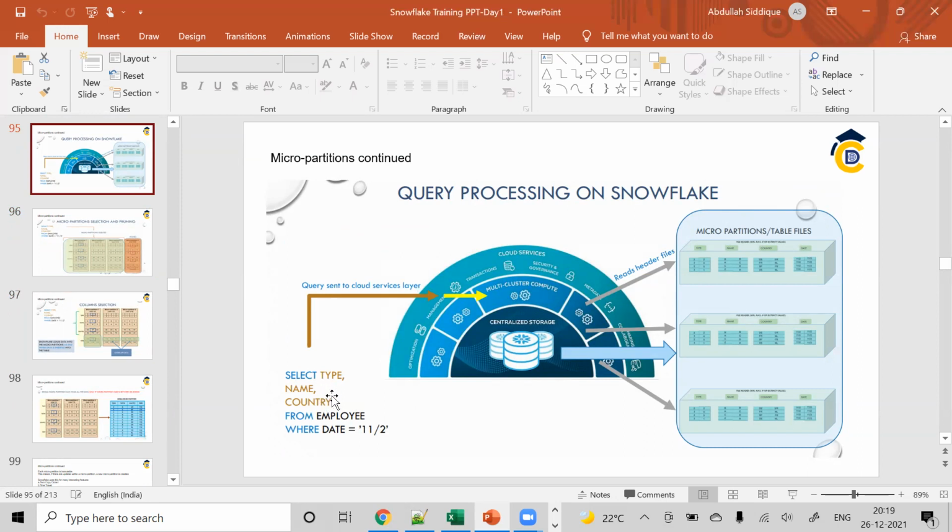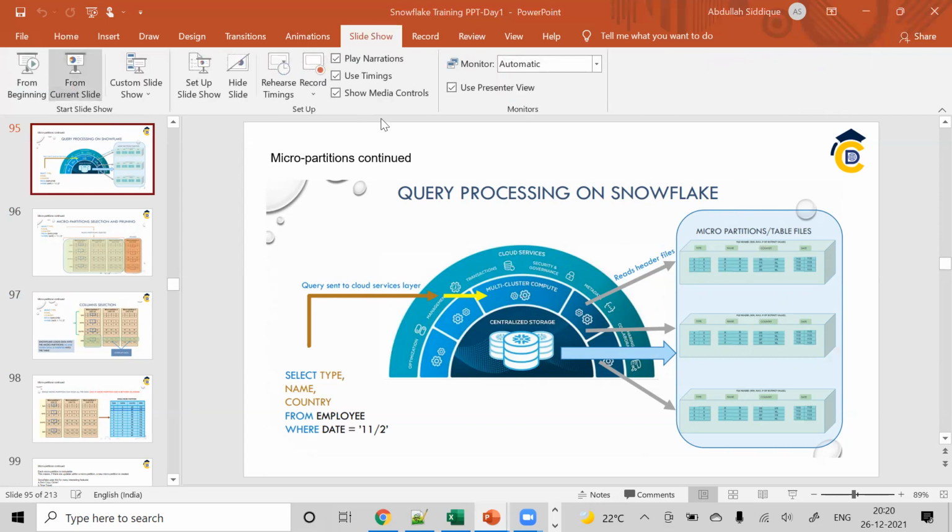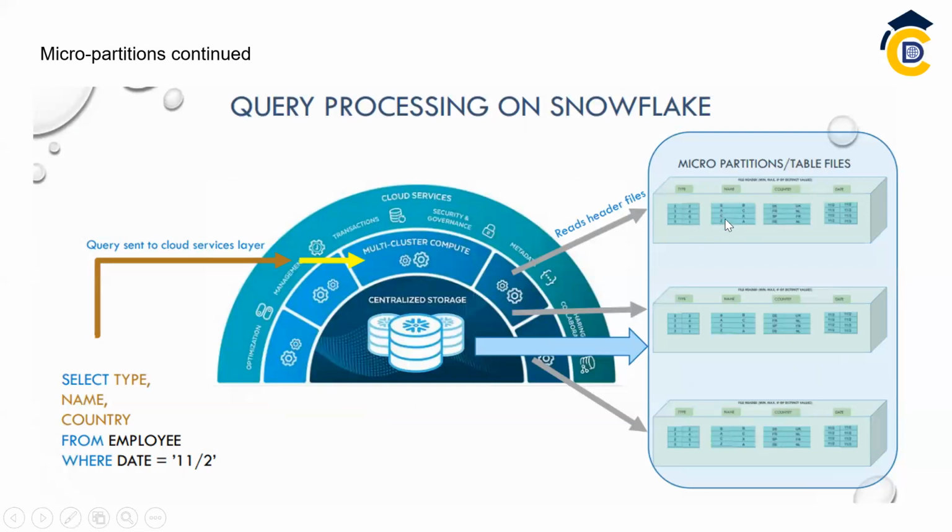As you all know, first the query goes to the query processing, the cloud service layer. It does all the authentication, compilation of the query, authorization of the user session, then the optimization plan, etc. Before sending the query over, it also reads the header files, which reside in each micropartition. Each micropartition has its own header with metadata information, the range of values and the distinct values of the columns.